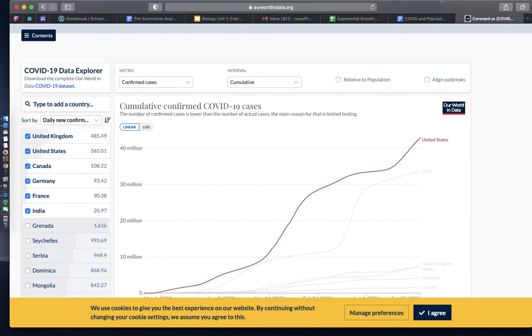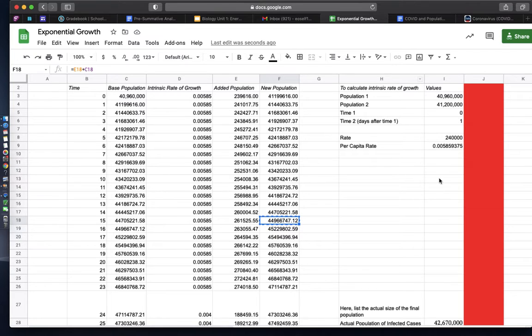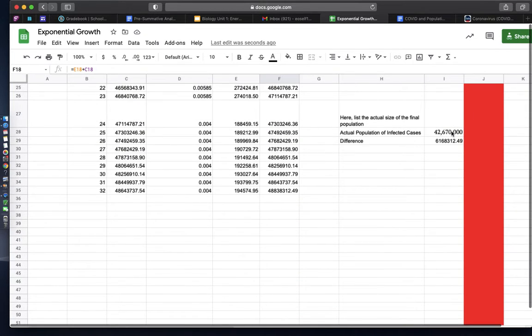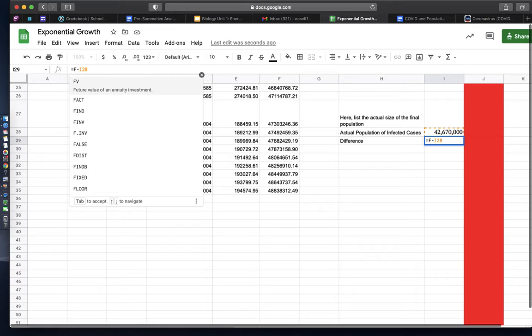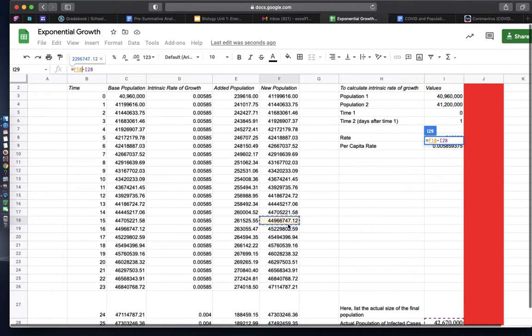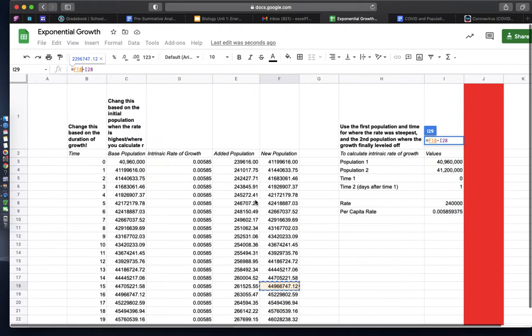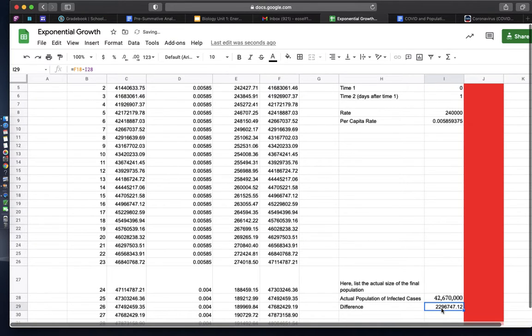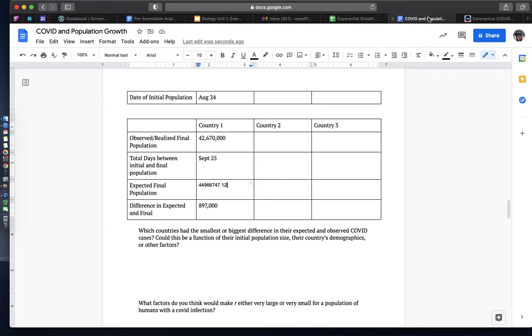And when I look at the difference in my exponential growth model right here, you're going to want to take the difference between the value that you see in the graph and this value right here. So I can click on F18, or you could type this, and I have a difference of this many people. It looks to be around 222,000.